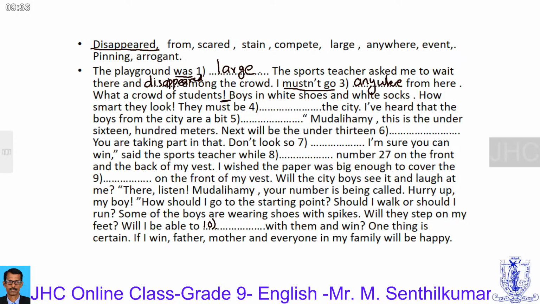What is this punctuation mark? Exclamation. It shows surprise. The boys in white shoes and white socks. How smart they look. They must be. Yeah, excellent. Preposition. From the city.